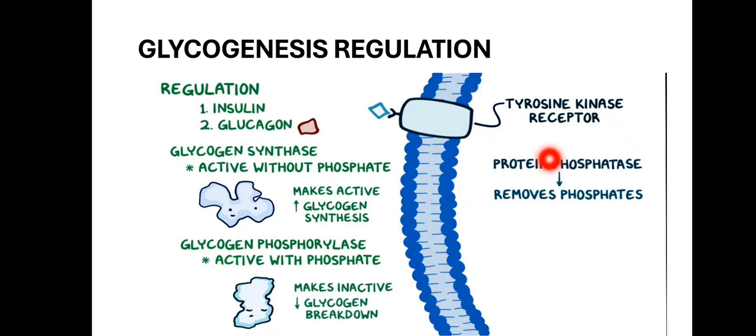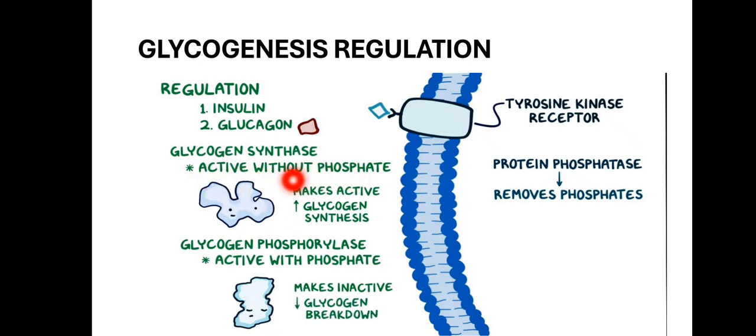Now let's hold on a bit here. You must understand that. Remember, I said the rate limiting enzyme of glycogenesis is glycogen synthase. The rate limiting enzyme of glycogenolysis is glycogen phosphorylase. So what happens is that glycogen synthase is active without phosphate groups around it.